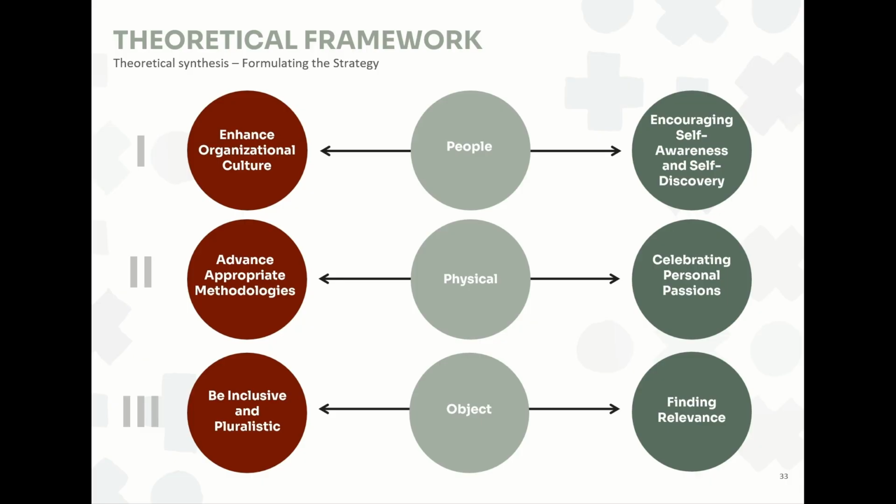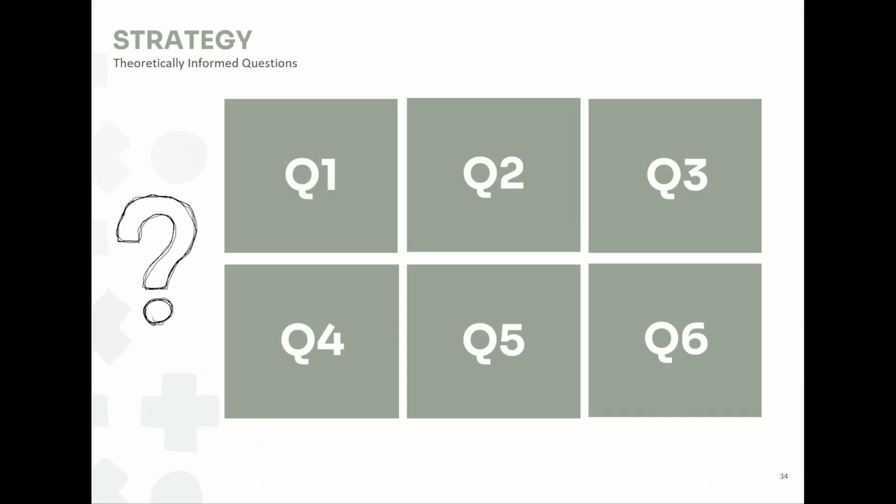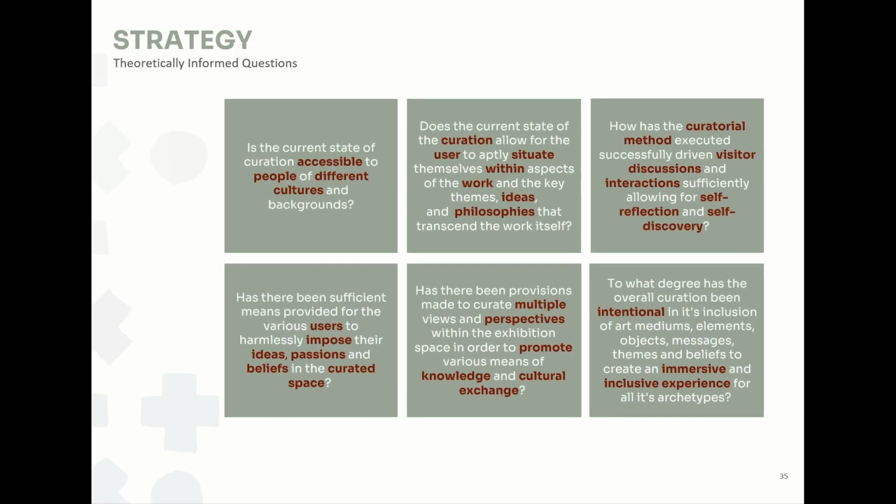Through the theoretical framework and the overlap between the 3 theories mentioned, our strategy was to develop a series of questions. These questions can be used as a guide for the curatorial team to ensure that any planned exhibitions and events will be successfully implemented with edu-curation and reverse curational approaches. At an overview, the questions cover various components of edu-curational practices.